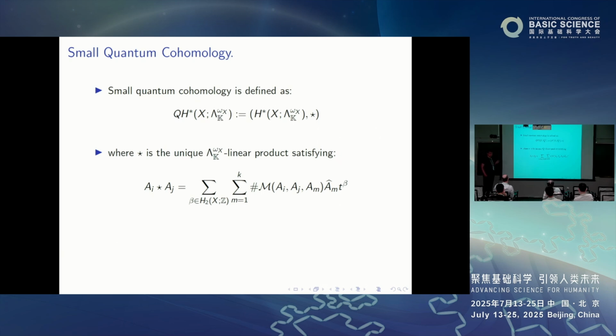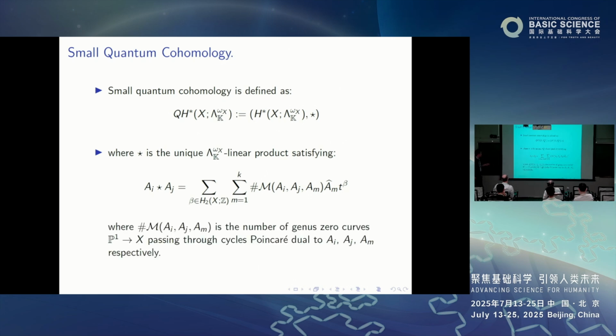Geometers never count like normal people. They don't go 1, 2, 3, 4. They count like intersection numbers. So this is the number of genus 0 maps from P1 to X, passing through cycles that are Poincare dual to AI, AJ, AM. Those are my structure constants for my algebra.